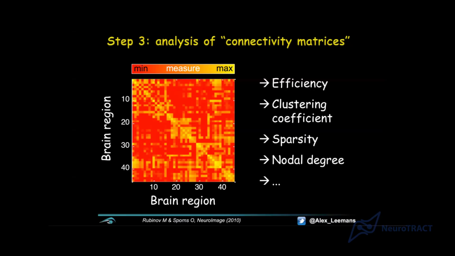And then once you have this matrix, this connectivity matrix, you can compute many of these graph properties. Like if you have a network, you can compute how efficient it is, or nodal degree, or clustering coefficient, or hubbiness, or the rich club, which nodes combined are the important ones, things like that. And it's now very fashionable to look into these graph theoretical metrics that condense or summarize the inner workings of a network to a single number.